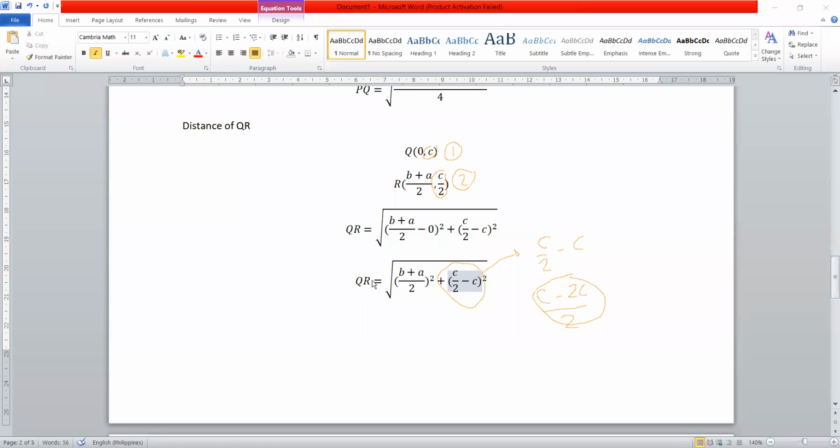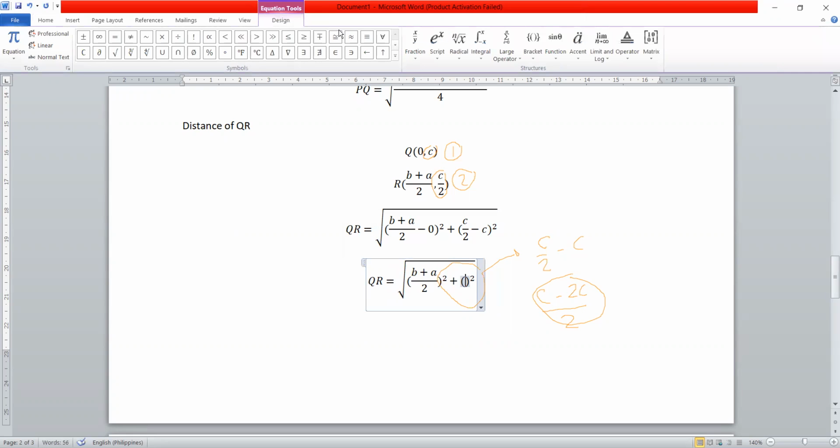So let's just write it down. That's just c minus 2c over 2. Next, we need to simplify this again.